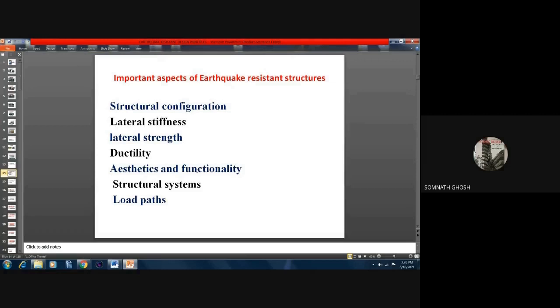But you have to check the load path. How the load is transferred from the top to bottom and ultimately to foundation. If that load path is not proper, which we expect from a good building, then also you will be in deep trouble. The load path is also a very, very important aspect.